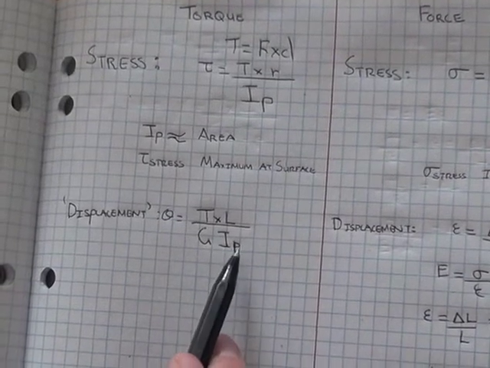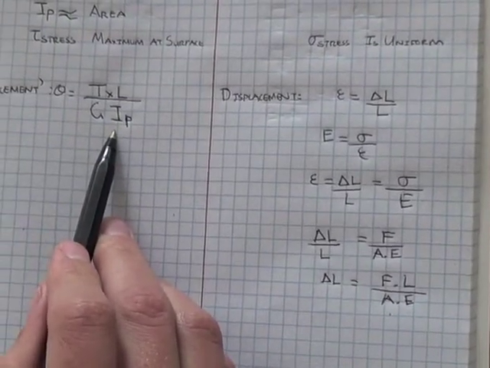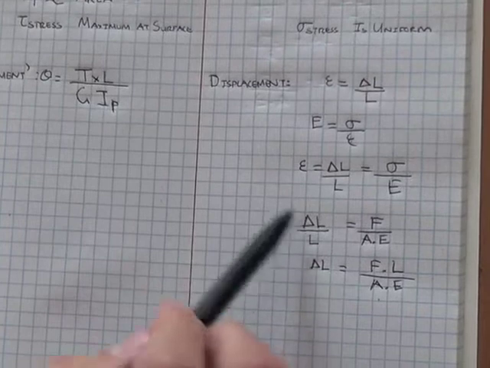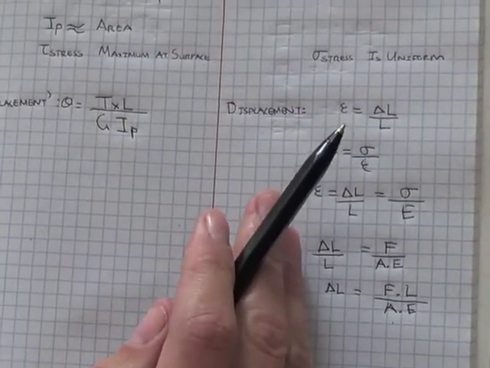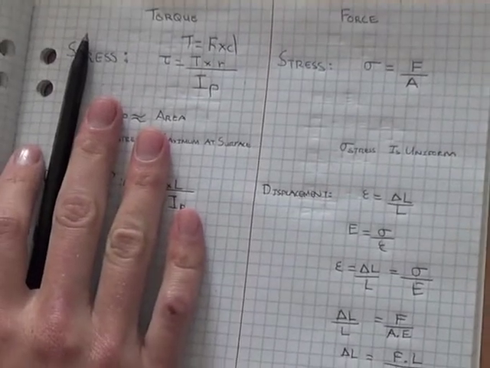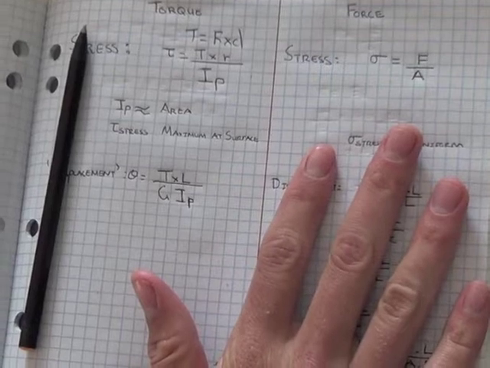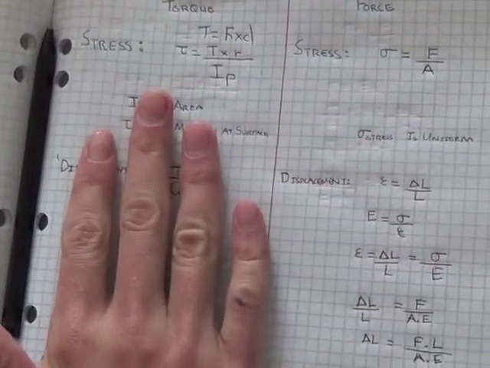And the polar moment of inertia is essentially the area, but for a torque scenario. So these are very similar equations, and it's just the coordinate system that we've chosen. On this side we're working more in polar coordinates, whereas over here we're working in normal Cartesian coordinates. So there's lots of similarities between these two.